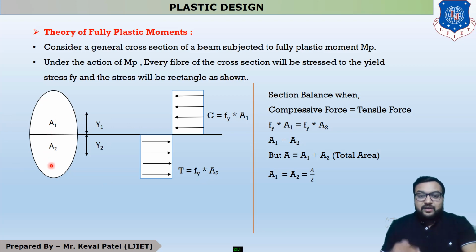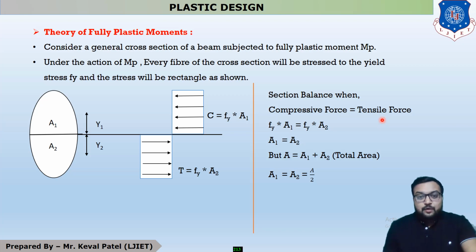Now, whenever you design any component or material, your main focus is that the material remains safe. When your compression force is equal to your tensile force, then your member is in a balanced position. So for a balanced section, compression force is equal to tensile force.